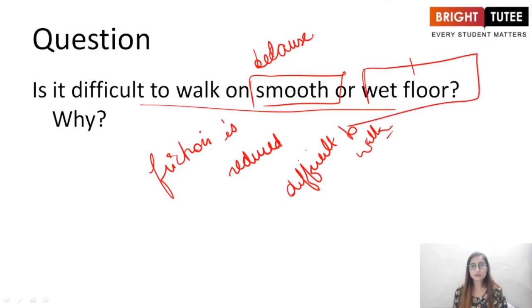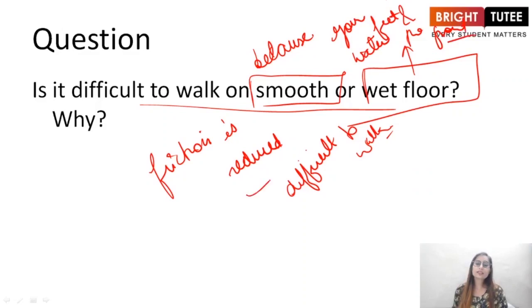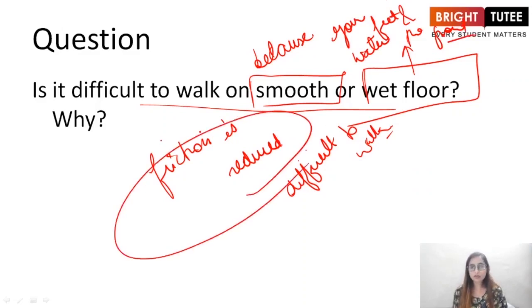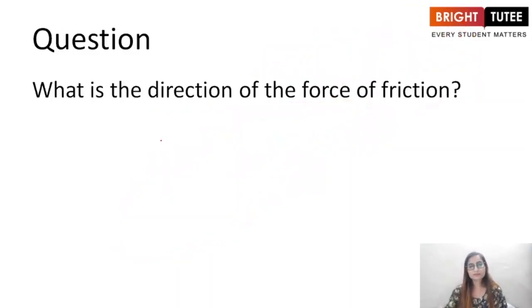And on a wet floor, there is water present between your feet and the ground, which ultimately reduces friction. Due to that, walking on a smooth or wet floor is difficult.